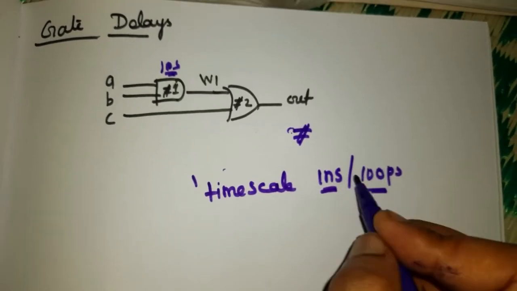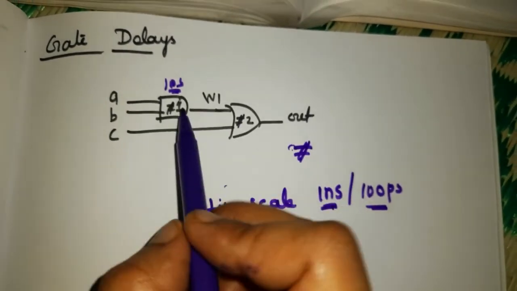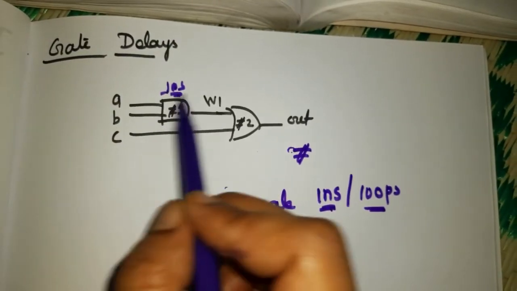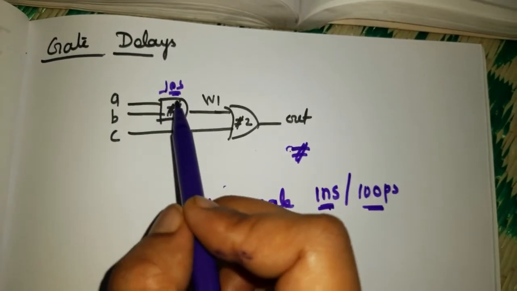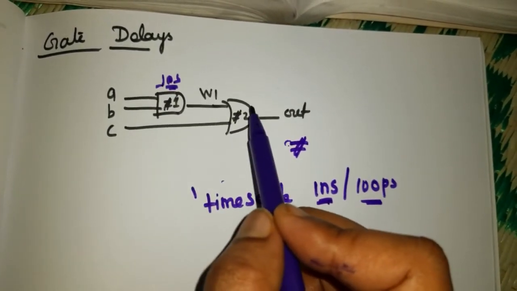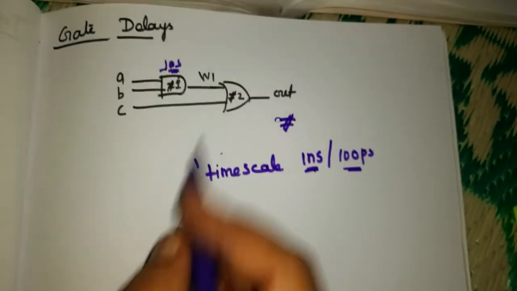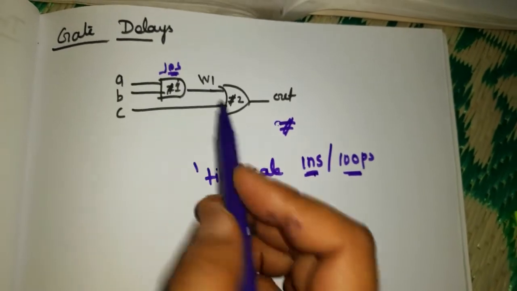So this means the gate delay is in nanoseconds. So hash 1 means this gate gets the input with a delay of 1 nanosecond and this gate gets it with a delay of 2 nanoseconds. So now we are going to write the code for this circuit with delay.